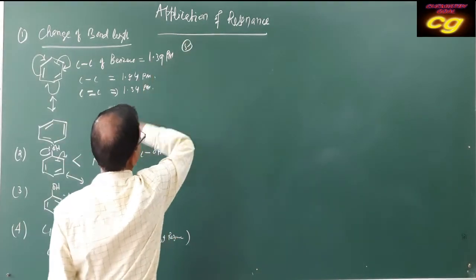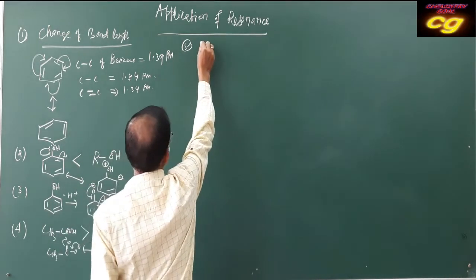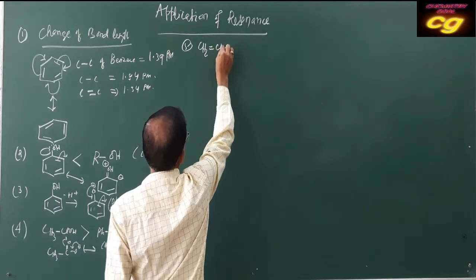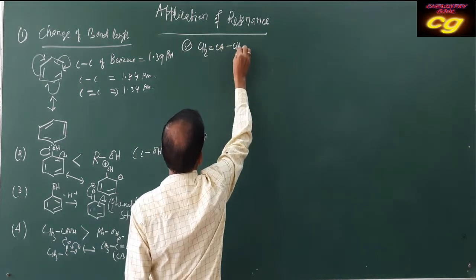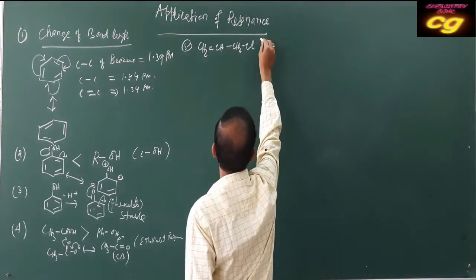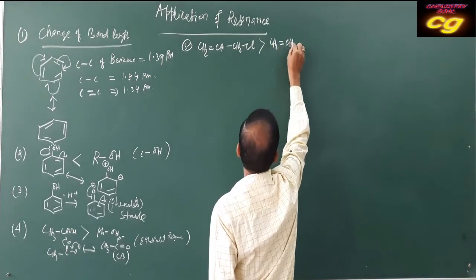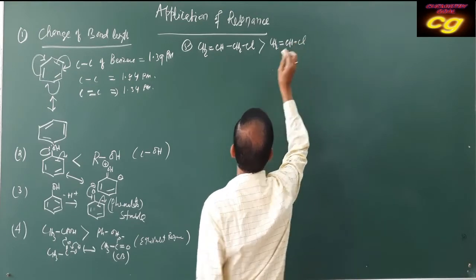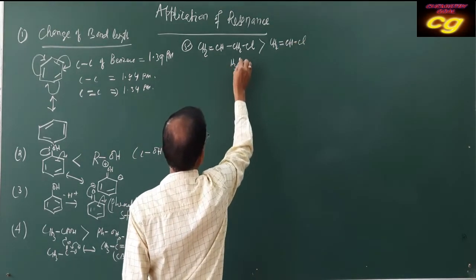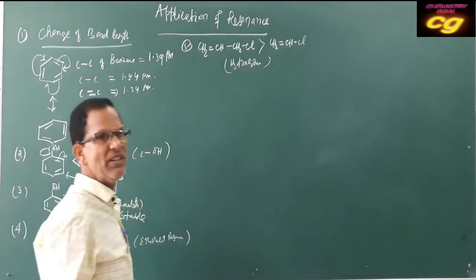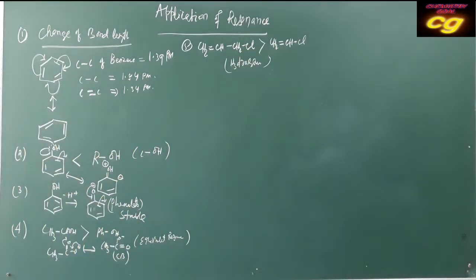Then another application: allyl chloride hydrolyzes faster than vinyl chloride. Under hydrolysis, why can the Cl be easily substituted by OH minus?